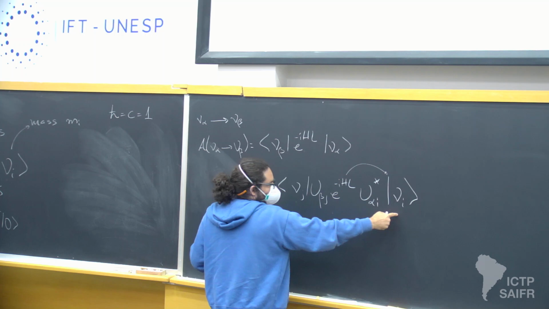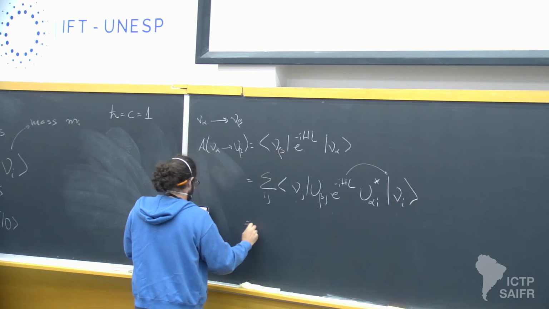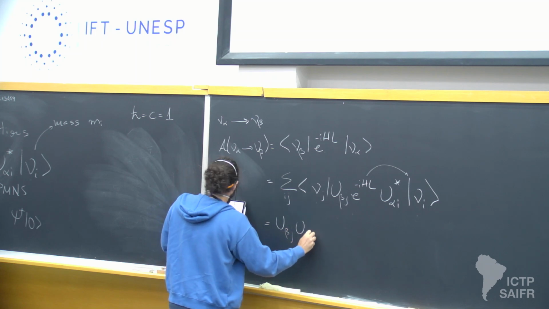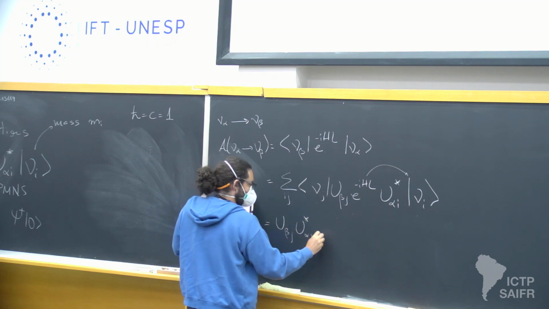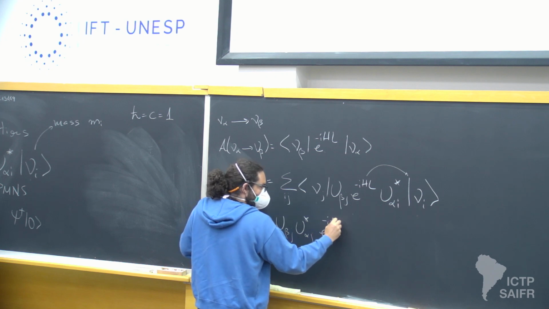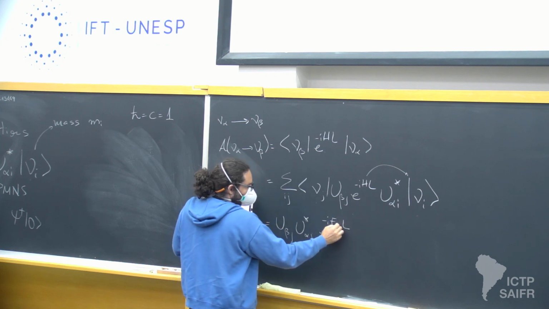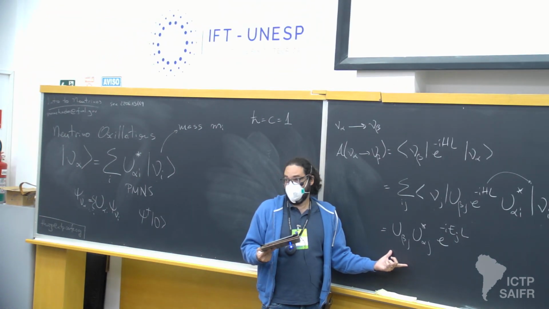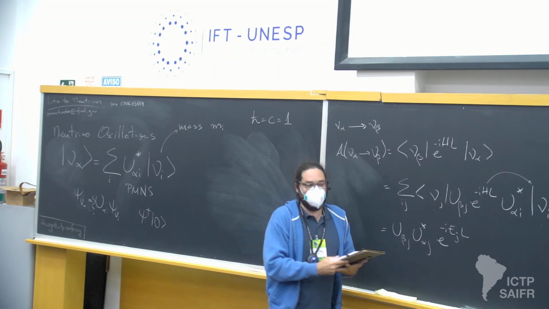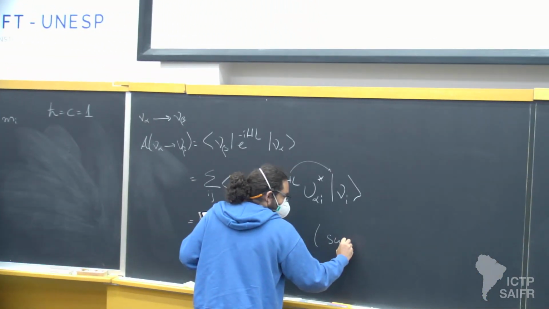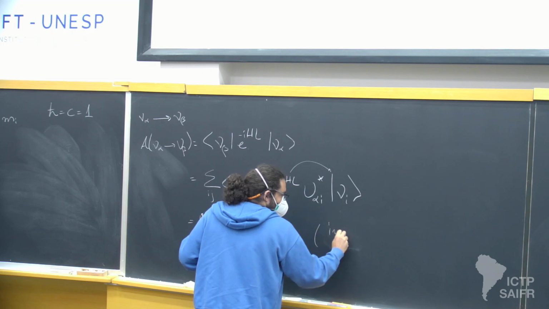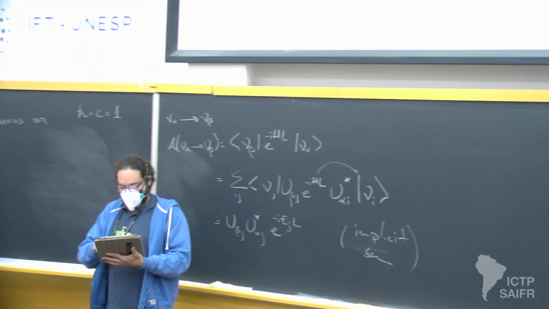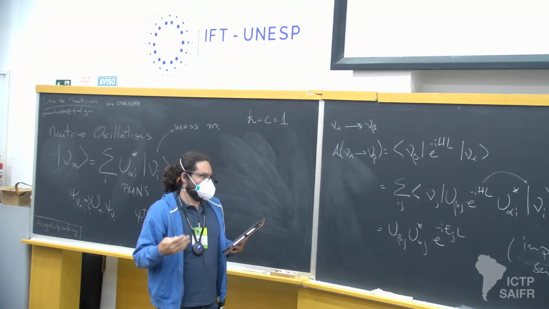And then the product nu_j nu_i is a delta_ij. That gives you U_beta j U_alpha j star e^{-iE_j L}. And if you see here, I'm actually doing implicit sums. If I have the same index, I'm summing it. Implicit sum, all right? Because I really don't want to be writing this over and over.